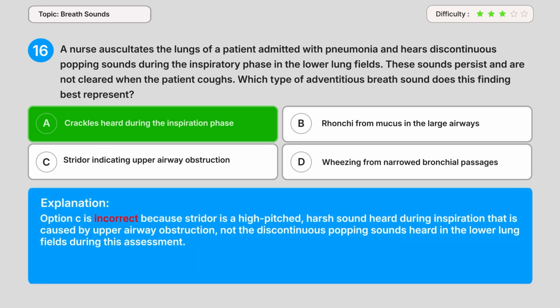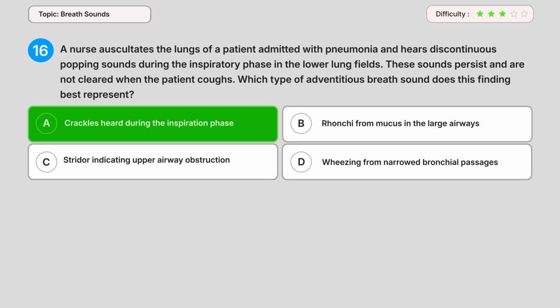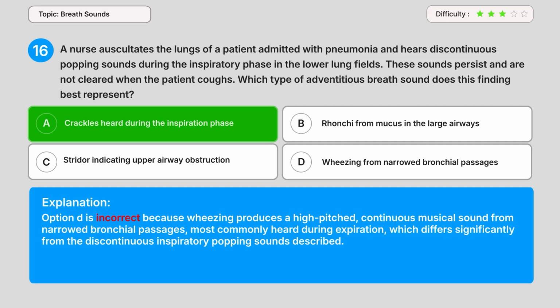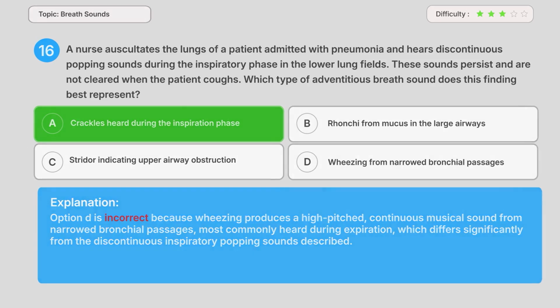Option C is incorrect because stridor is a high-pitched, harsh sound heard during inspiration that is caused by upper airway obstruction, not the discontinuous popping sounds heard in the lower lung fields during this assessment. Option D is incorrect because wheezing produces a high-pitched, continuous musical sound from narrowed bronchial passages, most commonly heard during expiration, which differs significantly from the discontinuous inspiratory popping sounds described.